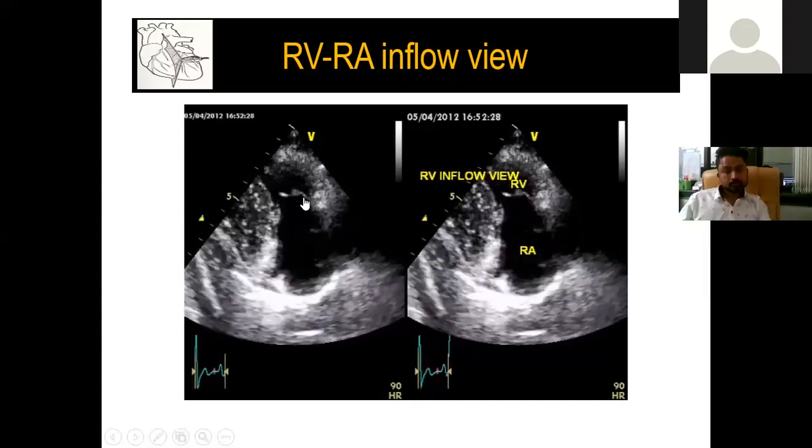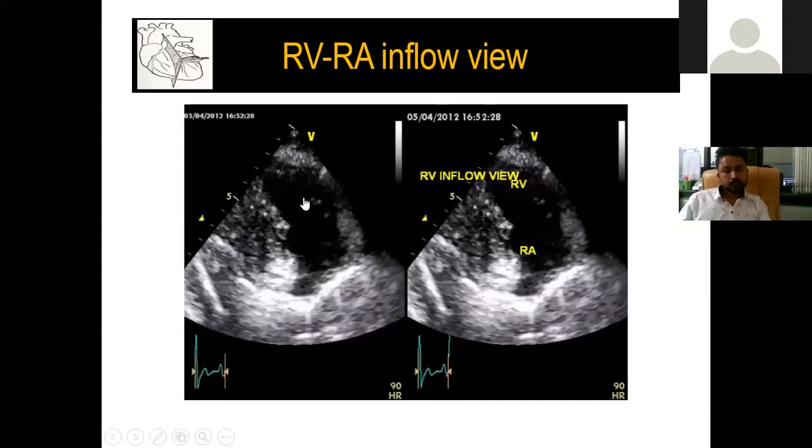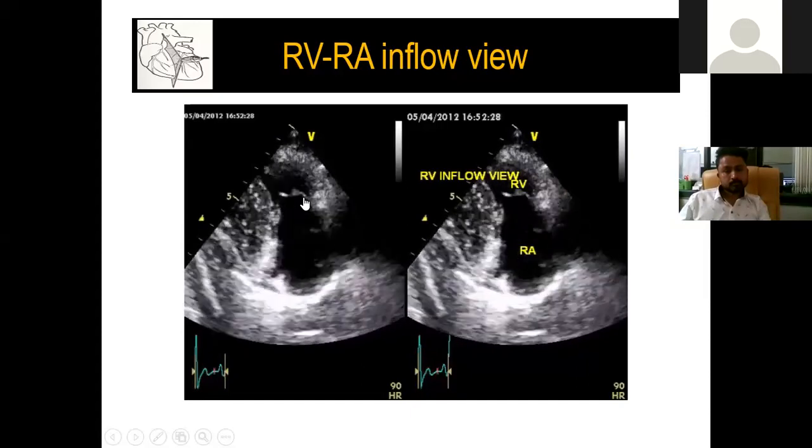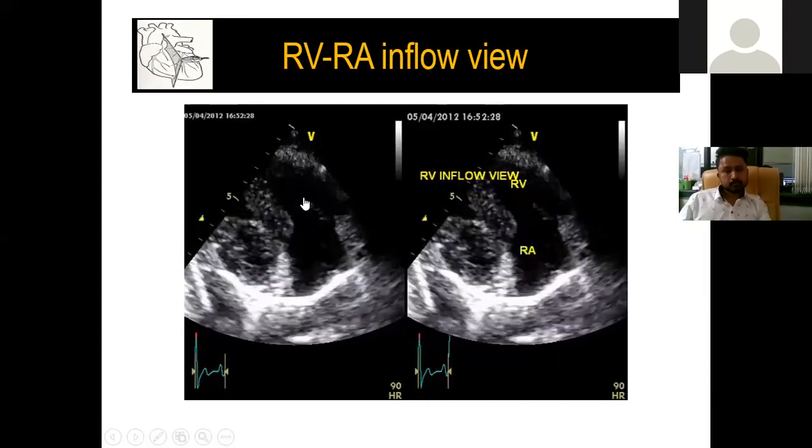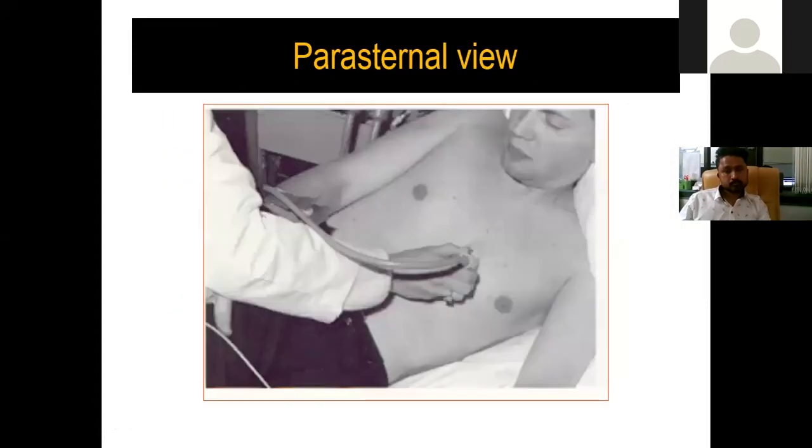And this is one of the common windows which we utilize every day in our practice for assessment of pulmonary artery pressures. Now from this parasternal long axis view, this is the 11 o'clock position, tilting the transducer with the footprint looking toward the mediastinum, we are getting the RV-RA inflow view.